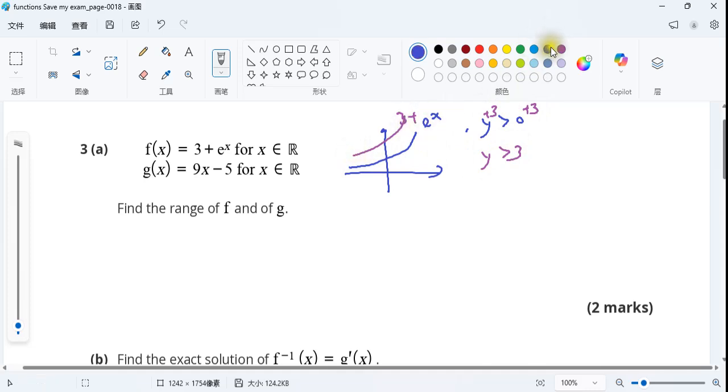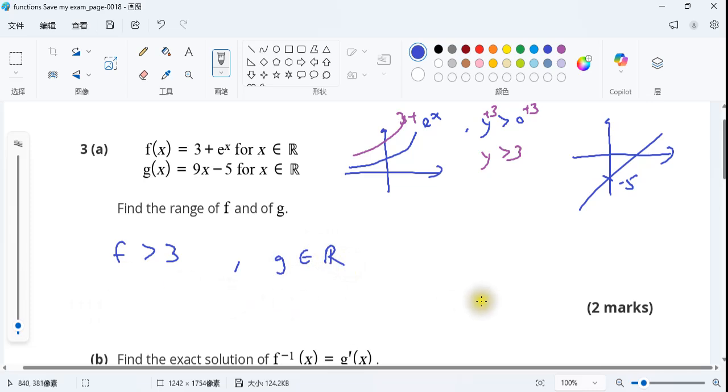So the range of f is greater than 3. And then g(x) is 9x - 5. The gradient is positive, so it moves upward, so the range of g can be any real number.